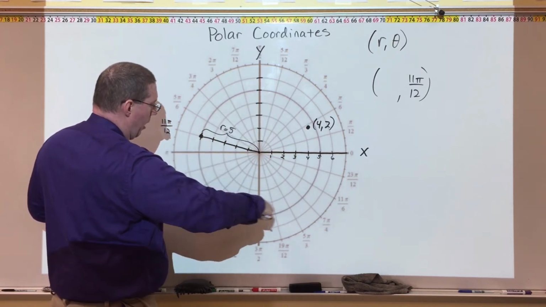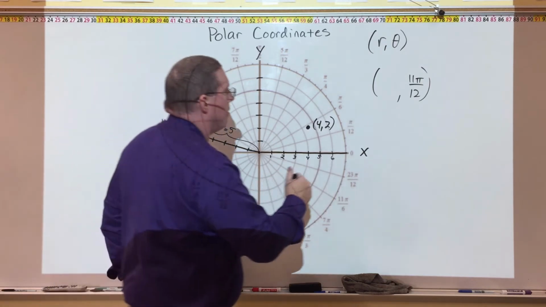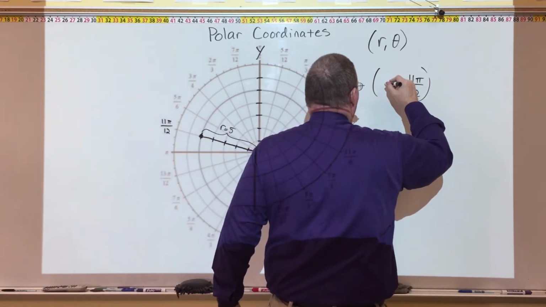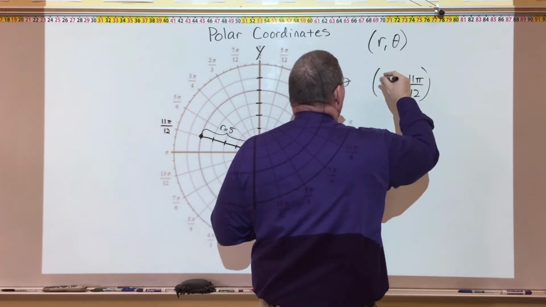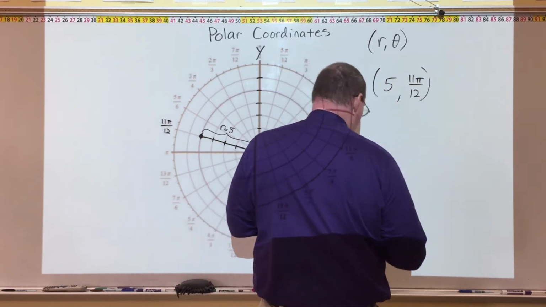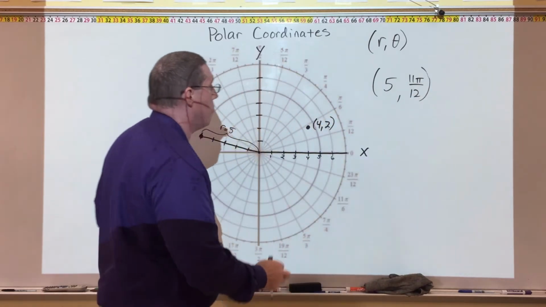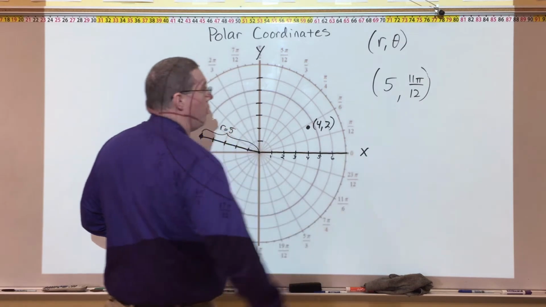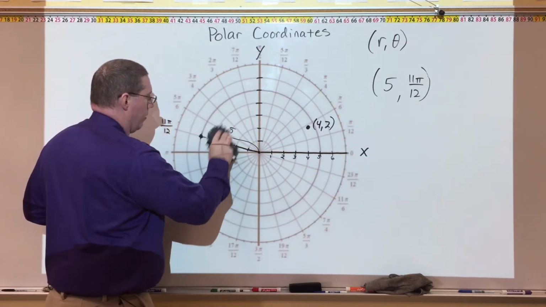That circle has a radius of 5. Therefore, this point right here is given by the polar coordinates 5, and angle measure of 11 pi over 12. And so these are the polar coordinates of this point right here, okay?